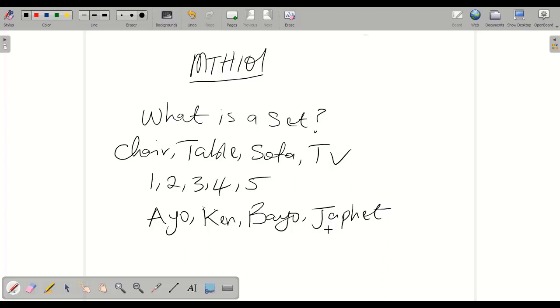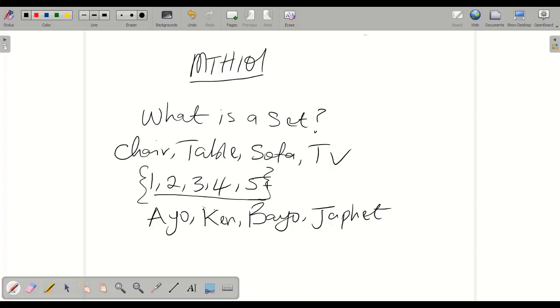Now there are conditions that would make any list a set. One is it must be well-defined. So I could say this is a set of integers between 1 and 5, right? This is a set.